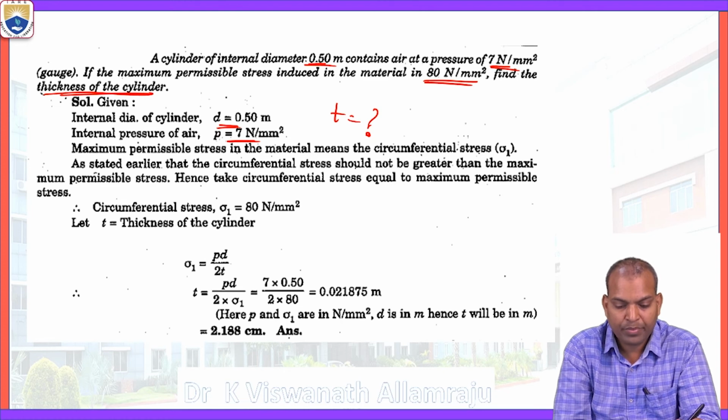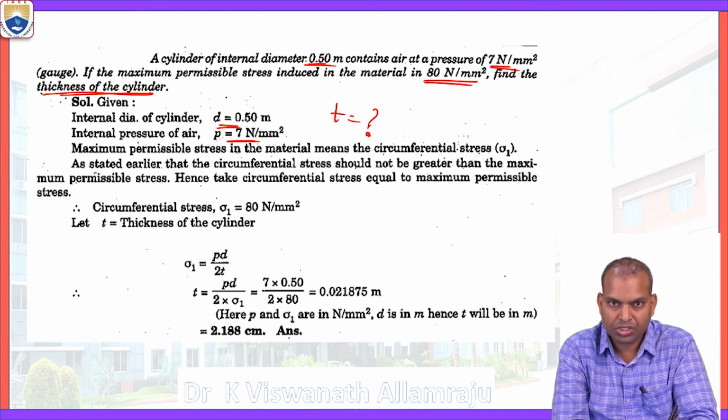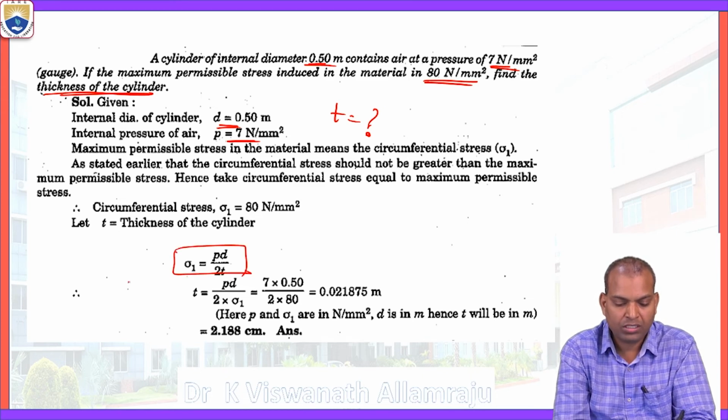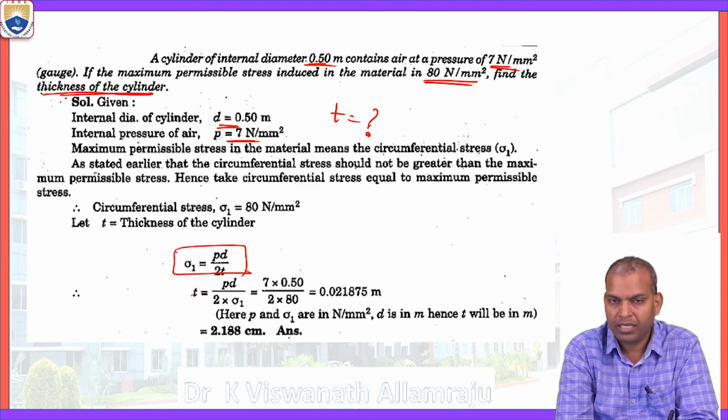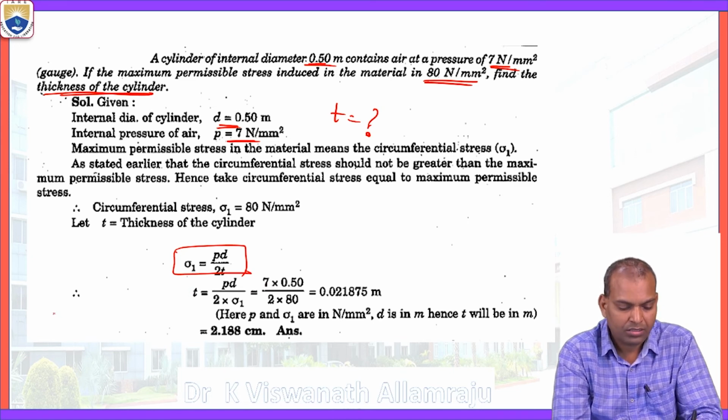Now the maximum permissible stress, as we have studied, is nothing but the circumferential stress. That is, circumferential stress sigma h or sigma 1 equal to PD by 2T. We want T, so T is nothing but PD by 2 times sigma 1. Now substitute: what is P here? 7 Newton per square millimeter.